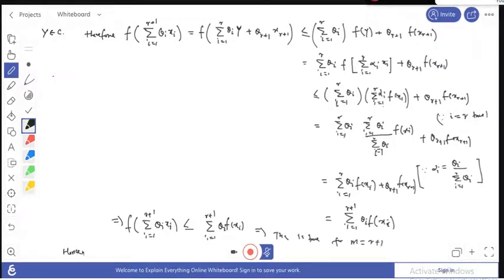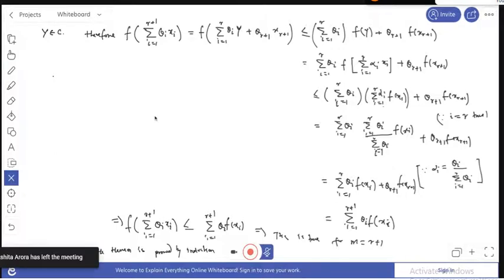So hence you can say that the theorem is proved by mathematical induction or method of induction. Okay, so this is true. So you can say that for any value of n, this relation is true. Okay, so the next theorem on next page.